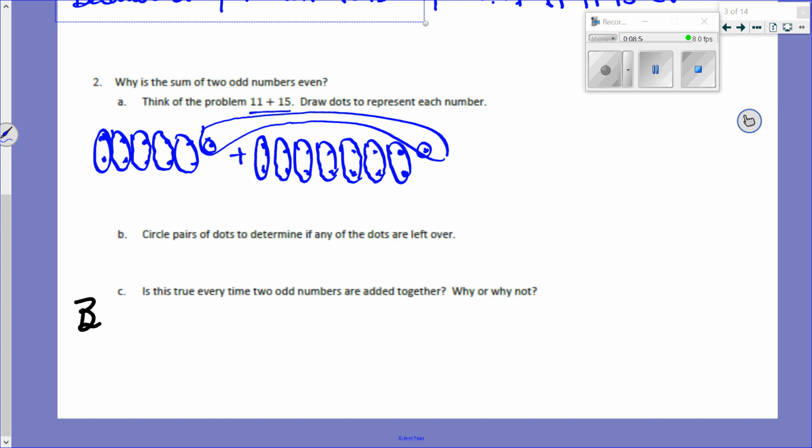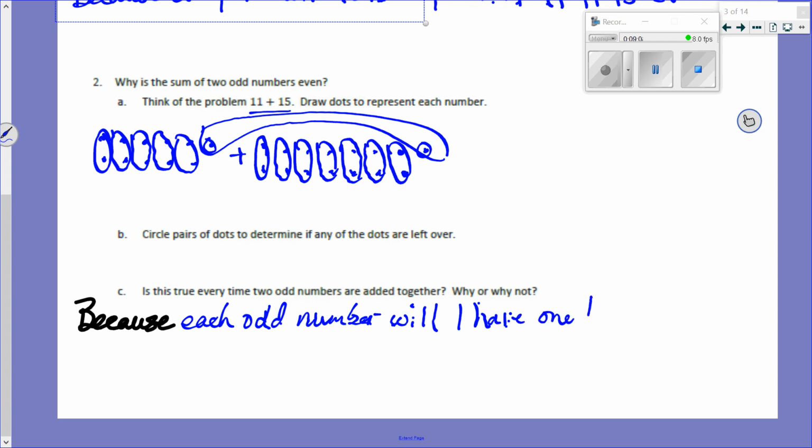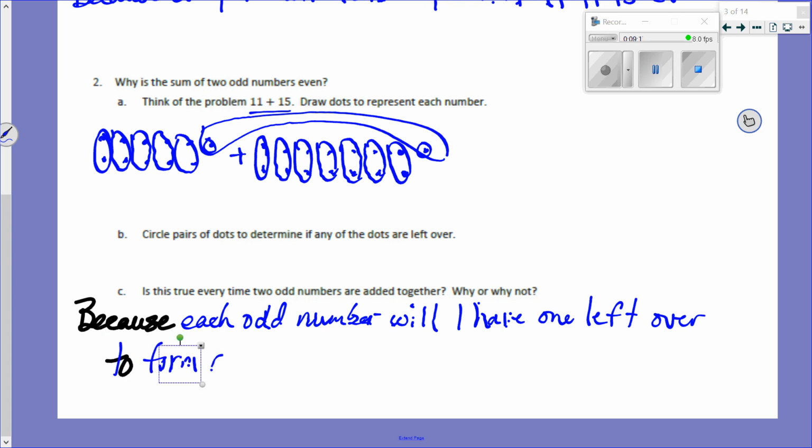So, because each odd number will have one left over, to form an additional pair. So this is why if I add 2 even numbers, or 2 odd numbers, I get an even result. Everybody tracking so far?